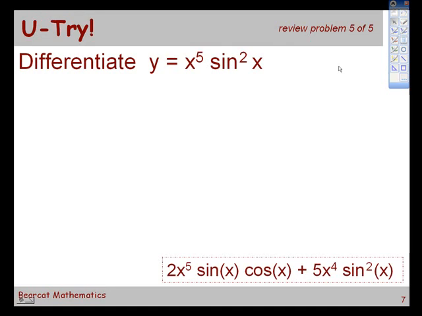As the guys in the back said, we could factor out an x to the 4th and a sine x. We don't necessarily have to. You guys want to see this one?